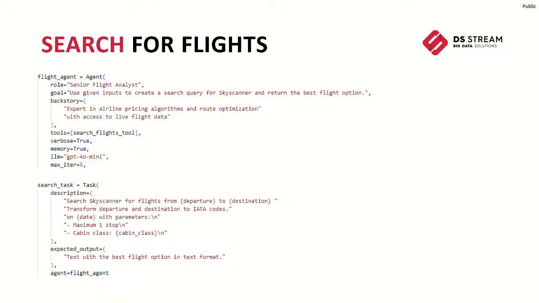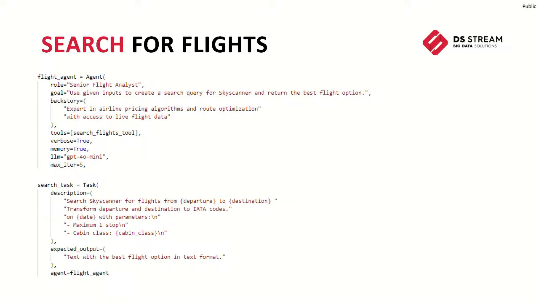As you said, David, on this slide we can see the code that sets up an AI agent for searching flights. Think of the flight agent, the first part of this code, as a virtual travel assistant with a role like a senior flight analyst and a goal to find the best flight on Skyscanner. The backstory just gives it extra knowledge about airline pricing.